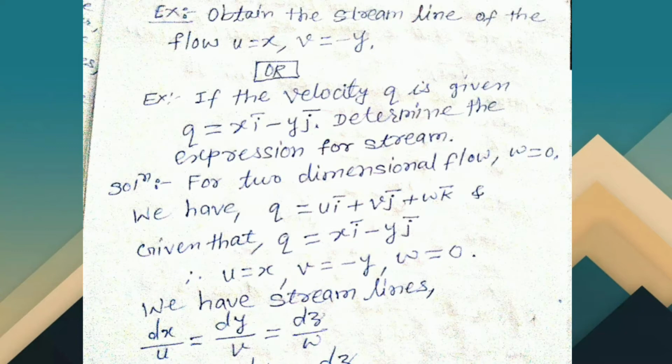Now I will start the discussion of the example. The example is: obtain the streamlines of the flow u is equal to x, v is equal to y.